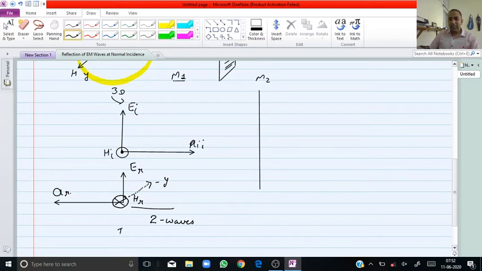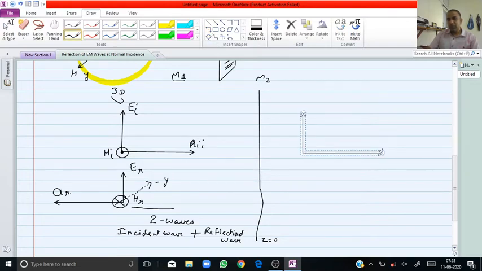Okay, now it means your medium 1 consists of two waves. One is the incident wave and the other is the reflected wave, where this is z equals 0, and some part of the incident wave will be transmitted in medium 2.